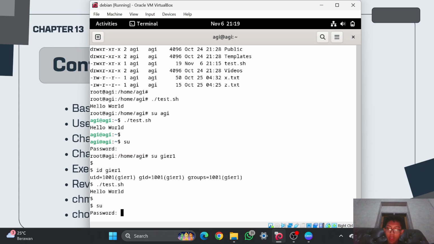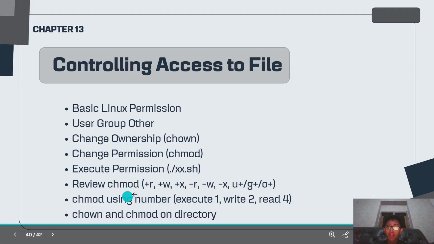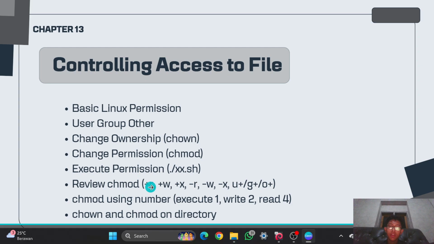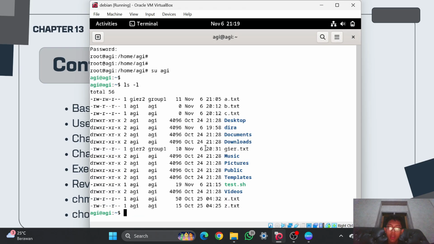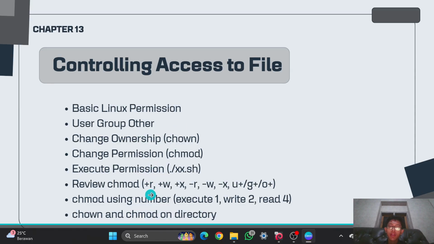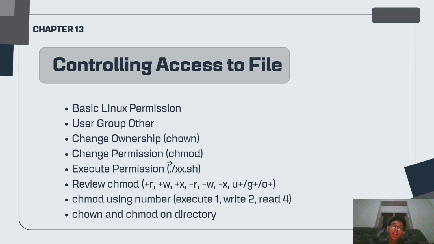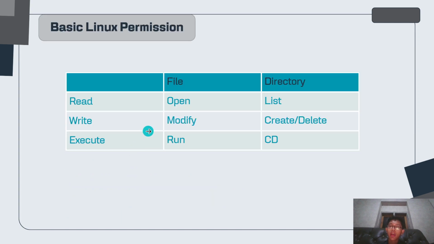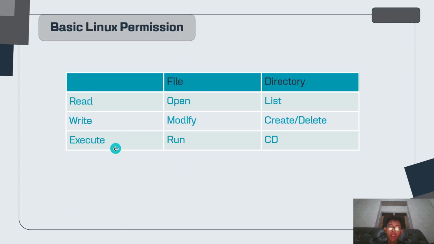So that is the function of the execute permission, which is X. And the next one, I will practice reviewing chmod, on b.txt. There are some parameters you can use with chmod, like plus r to add the read permission, plus w to add the write permission, and the last one, plus x, to add the execute permission.